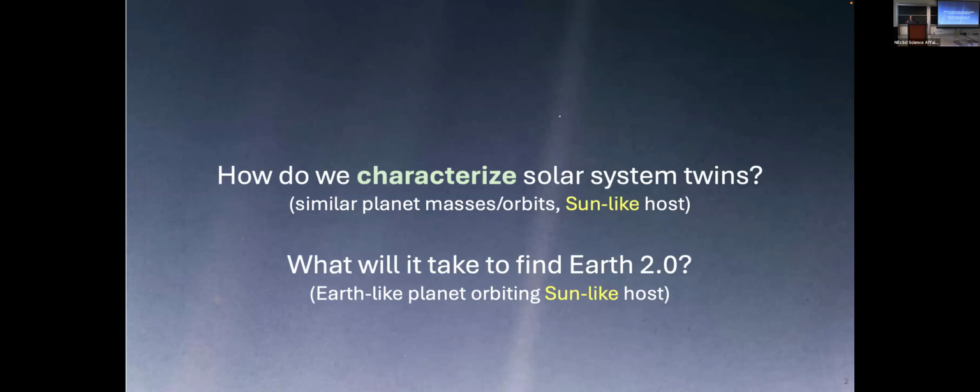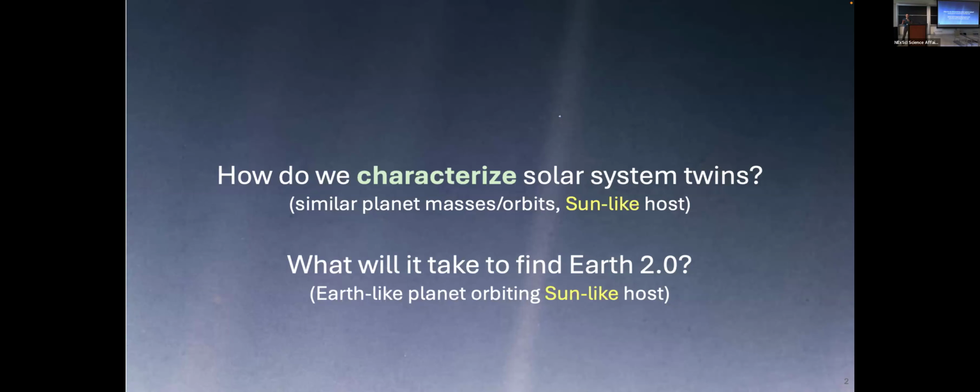Again, the theme that emerges again and again is how do we find Earth-like objects, Earth-like planets, solar system-like systems. And in this talk, I'll really be focusing on solar system-like in the very specific sense of having a sun-like host star, not low-mass host stars, but sun-like host stars.